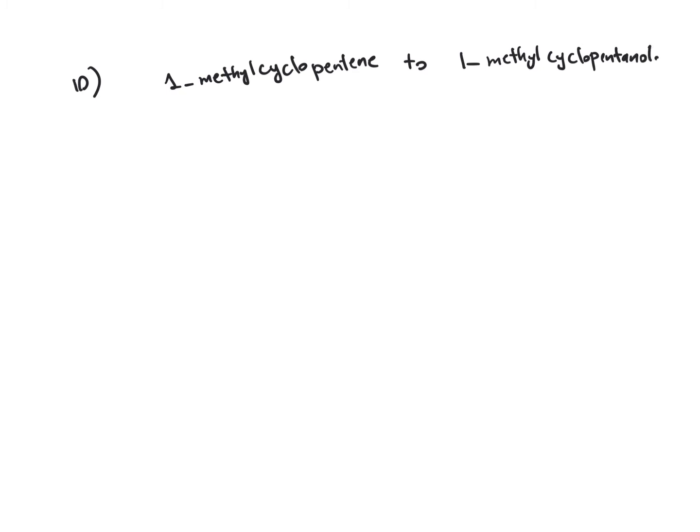Remember that here you have an alcohol, pentanol, and here you have an alkene. So we should have OH, right? Do you remember what type of compound has OH? If you have HOH, basically H2O, water, right?